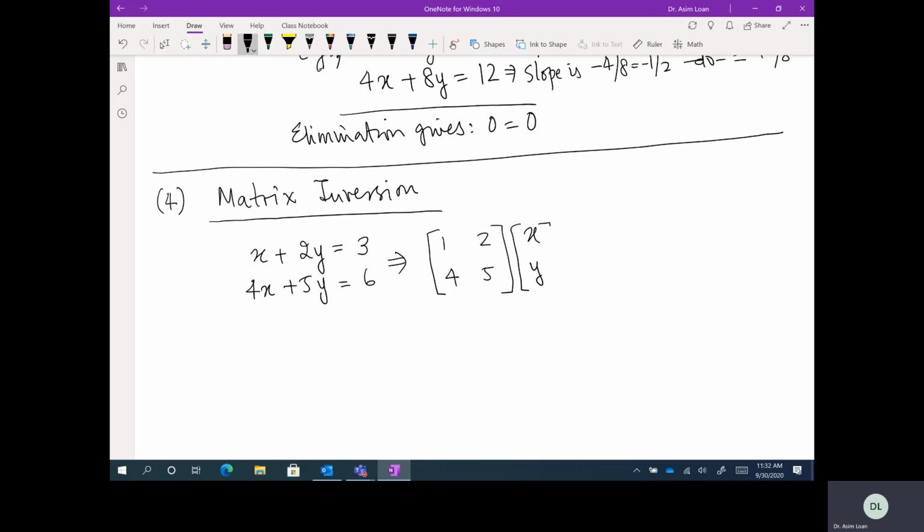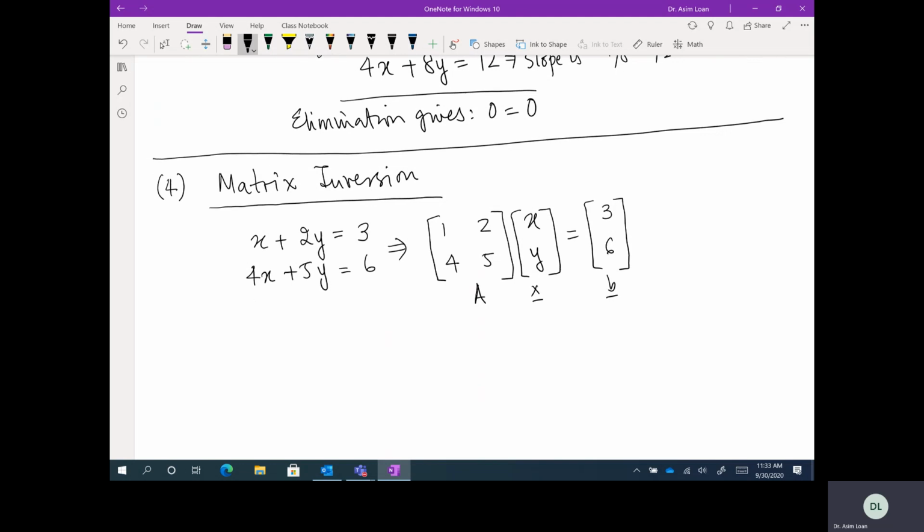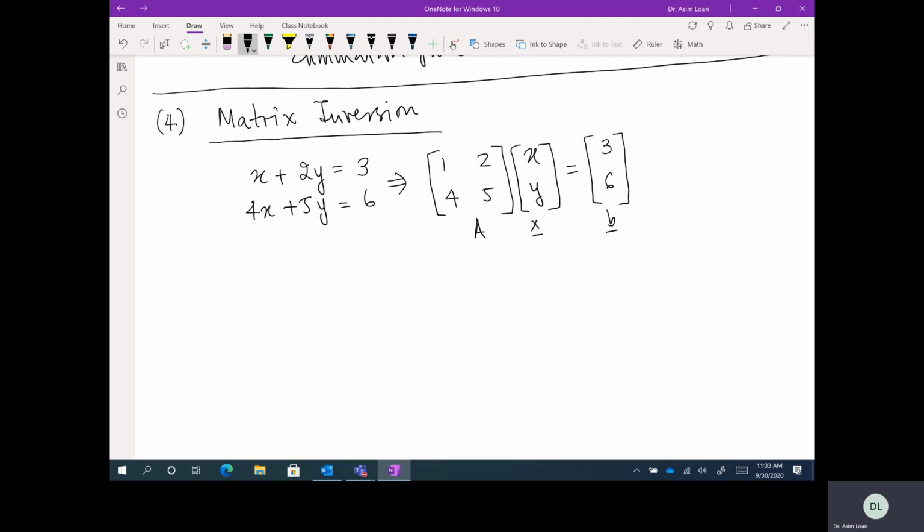So this means the matrix 1, 2, 4, 5 times x, y equals 3, 6. So this is A, this is X, this is B. Since determinant of A is not equal to 0, this implies A inverse exists.